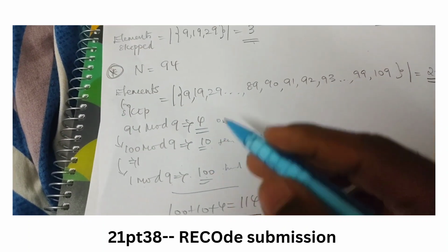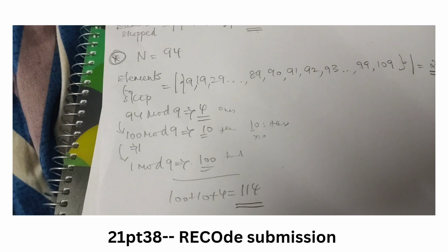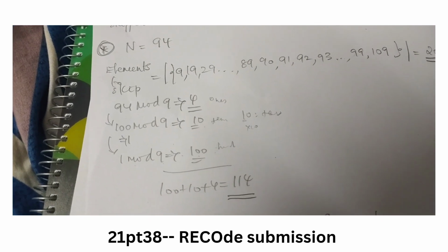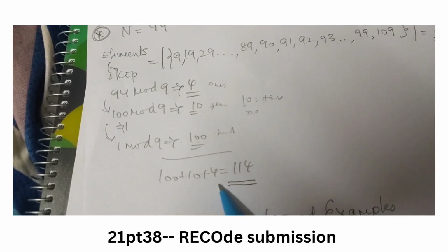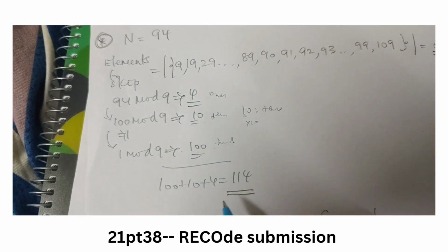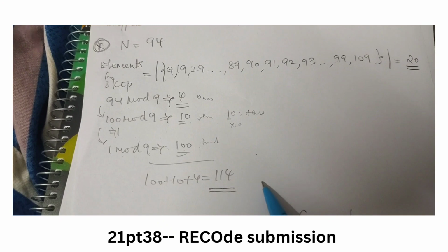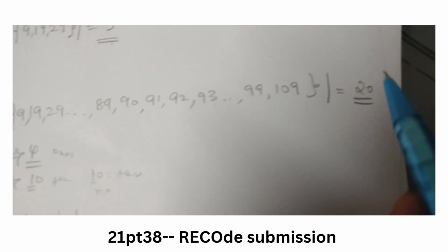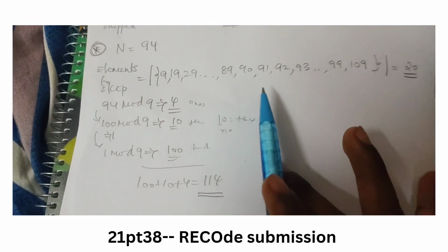In each step the intermediate result is added to the variable result. So 100 plus 10 plus 4 is equal to 114. 114 minus 94 is nothing but 20, which means 20 numbers are actually getting skipped.